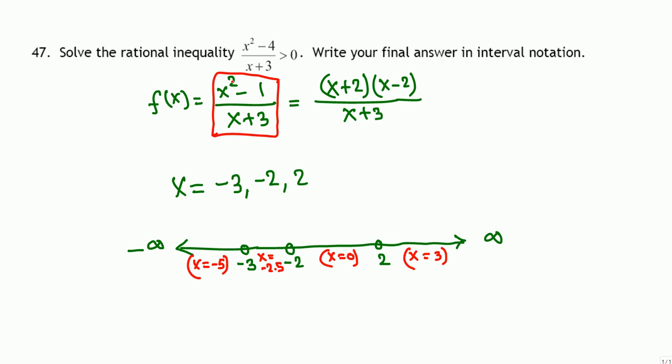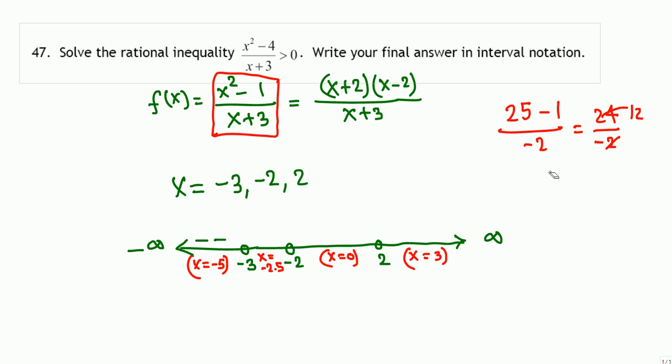So (-5) squared, that's 25, minus 1 over -5 plus 3. -5 plus 3 is -2. This is 24 over -2, so this will be -12. So this will be a negative number. All I care about is that it's a negative number.